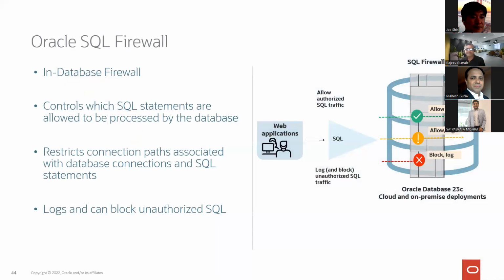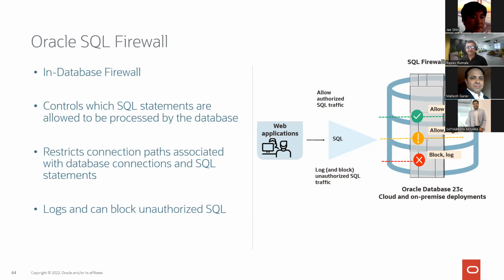So to prevent this, Oracle has now introduced SQL Firewall. This is an in-database feature. So everything is within the database, not outside. There is no configuration outside, or no part or service outside, right? So if your database is working, that is working, right? So there is no dependency on outside.